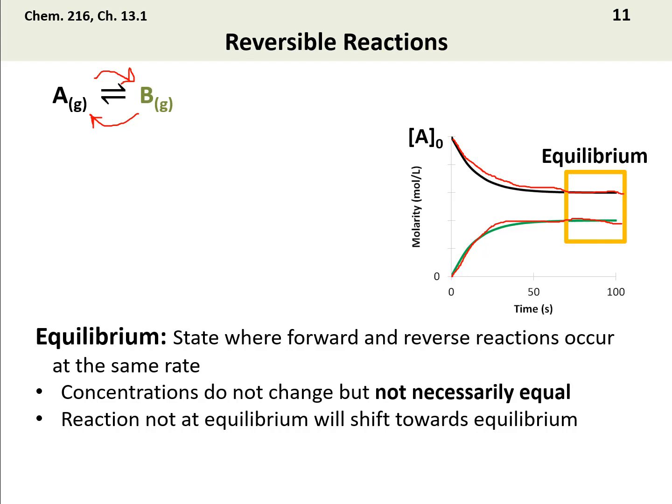And what we've learned is that if a reaction is not at equilibrium, it shifts towards equilibrium. This is a key point, right? So if I have a reaction not at equilibrium, it will go towards equilibrium.